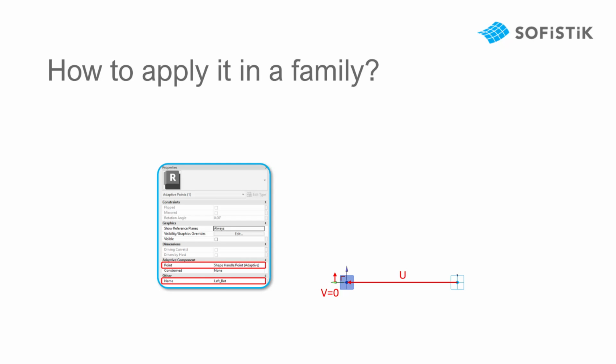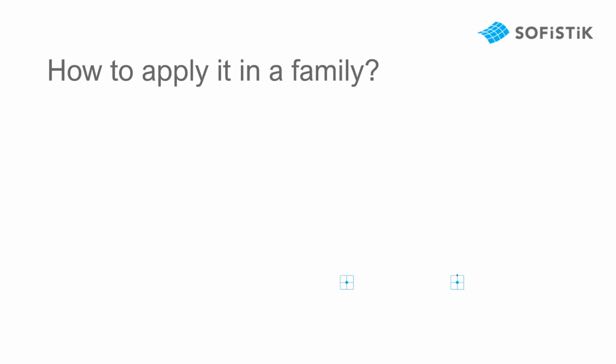The defined offset here actually doesn't matter at all. This shape handle point simply lets us reference a secondary axis in a three-dimensional system and puts the point there. The original adaptive point will still be referenced to the main axis that is used to create this family. Let's also consider a second shape handle point.